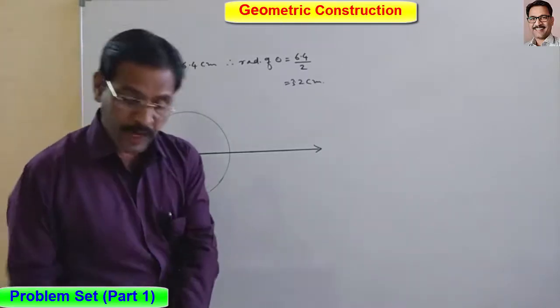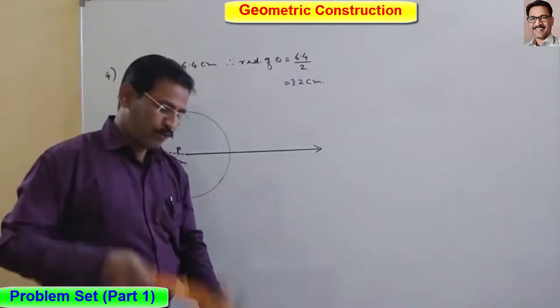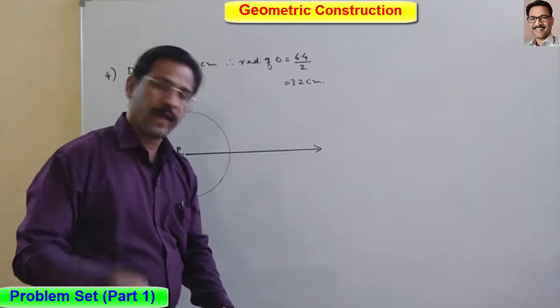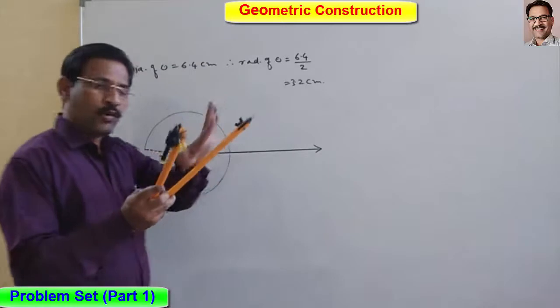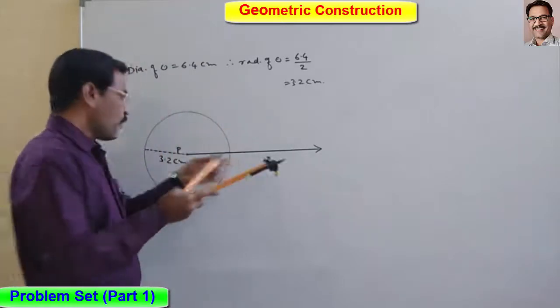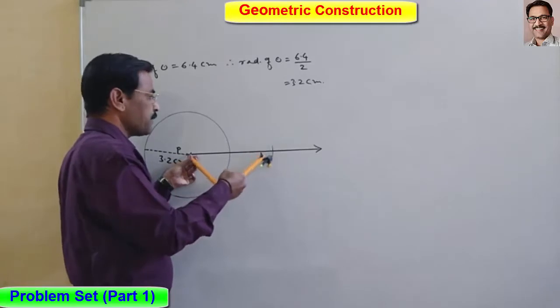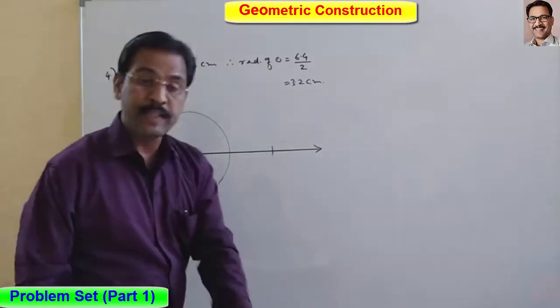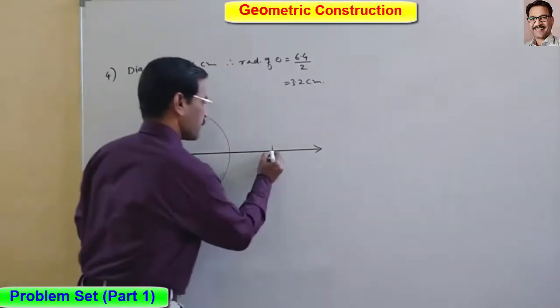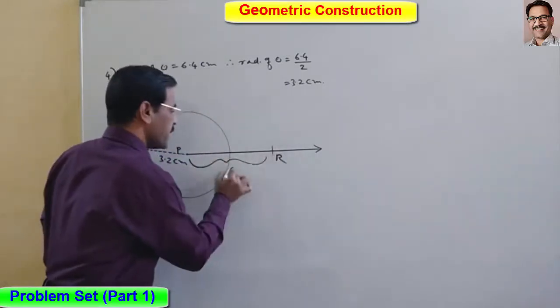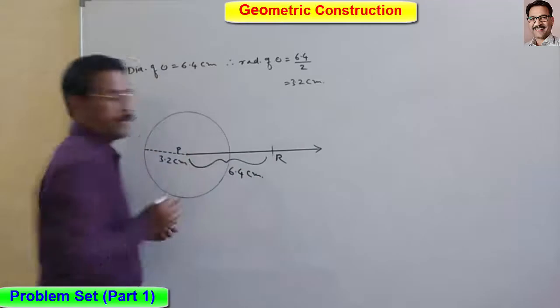Okay, so now I am going to take 6.4 in compass here. Okay, this is 6.4. So by this compass from center we have to draw one arc here like this, and that is point R, which is at a distance from center 6.4 centimeter.